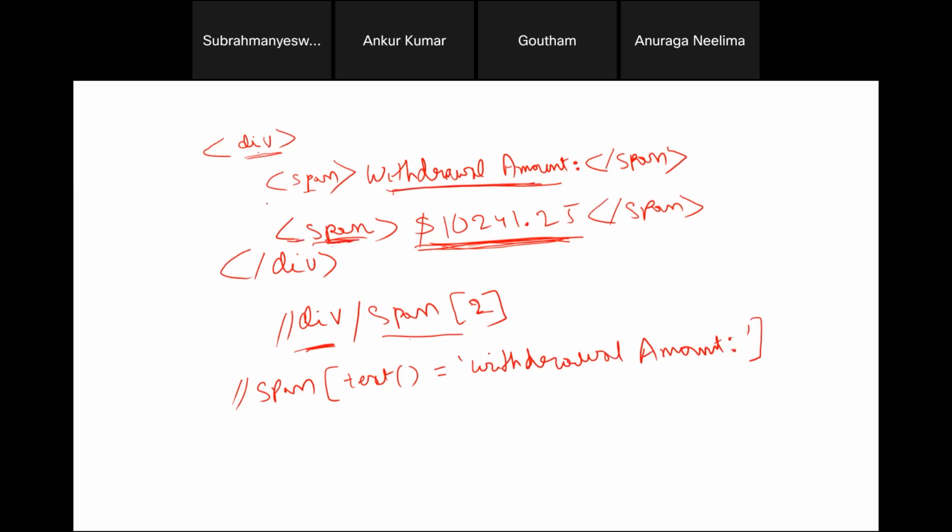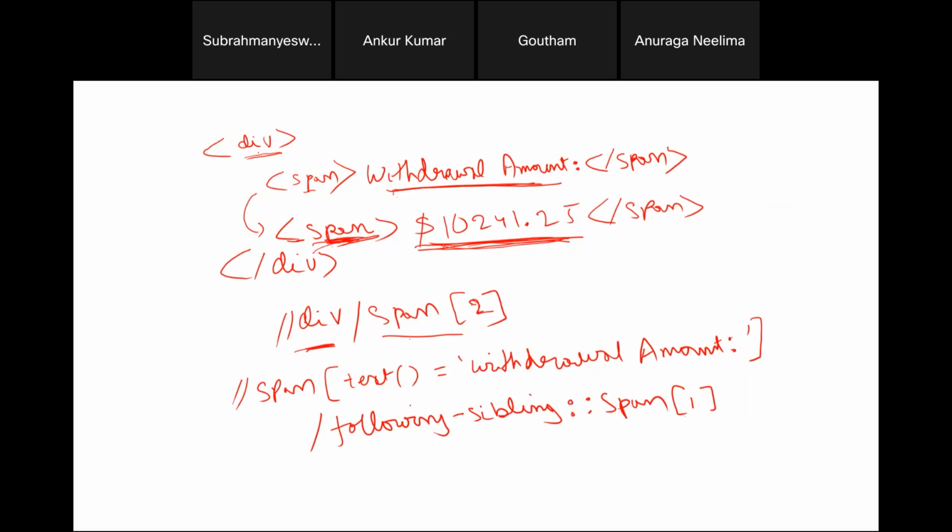So this is a sibling, and that too a following sibling, right? So I'll use slash following-sibling colon colon span. I can use index 1 here or it's not needed, because anyhow there is only one element here. It's not really needed, but if you want, you can use it. This way I will come to this element.